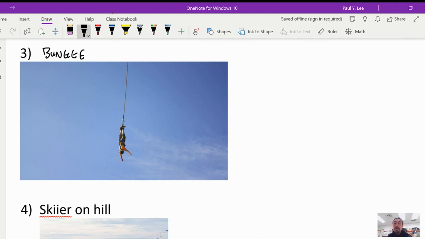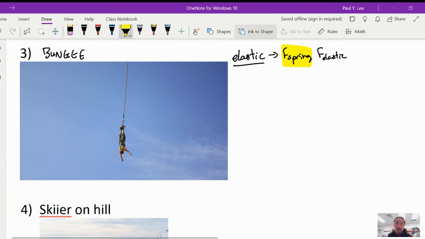If you have anything elastic, such as a bungee cable, we call that the force of a spring, or a force elastic. Both work. In most cases for our class, the only elastic object that we really use is a spring, so you'll probably see me write force of the spring more often than not.